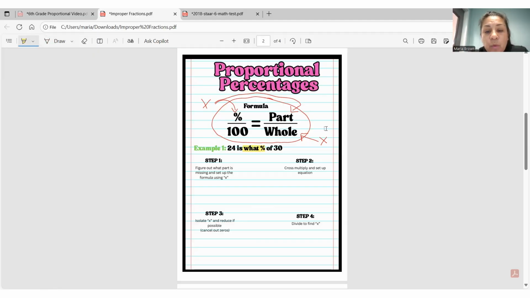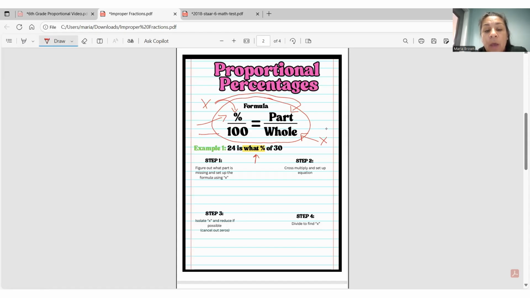Okay, so let's take example one. It says 24 is what percent of 30? My key words right here are what percent. That means we are looking for the percentage. So because it's asking what percent, we are going to put x in the percent spot of the formula.